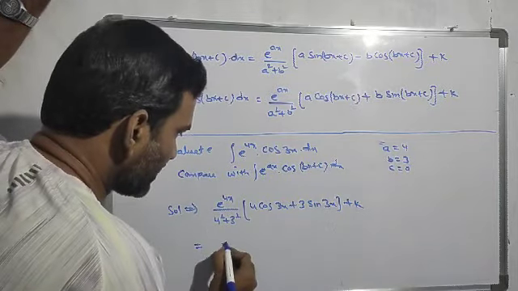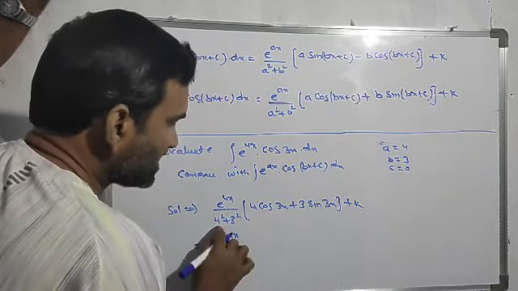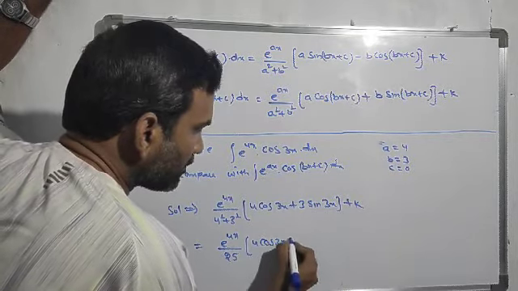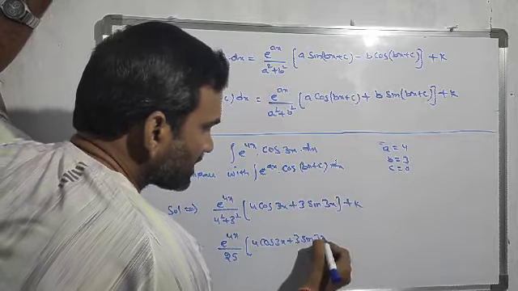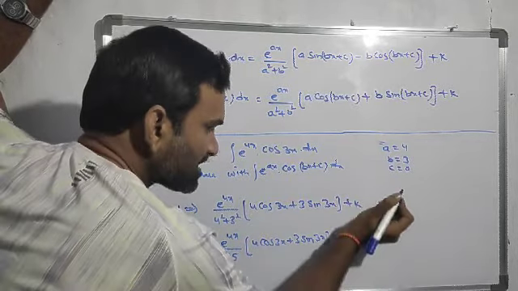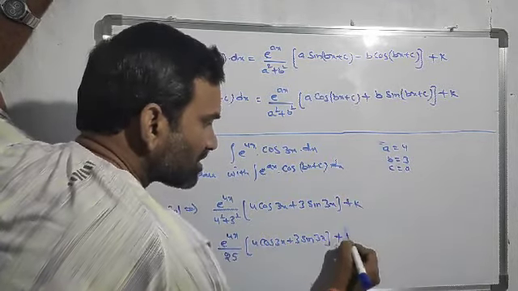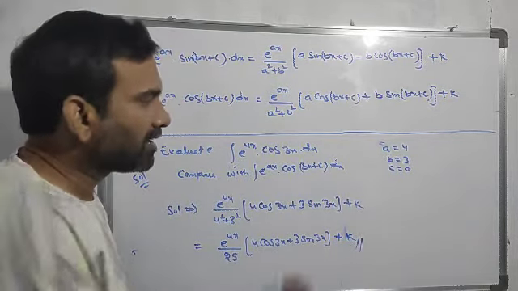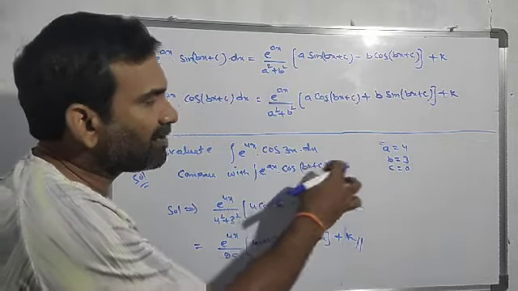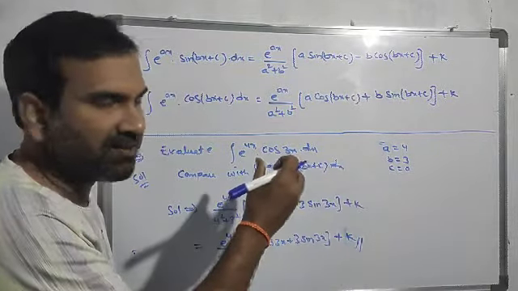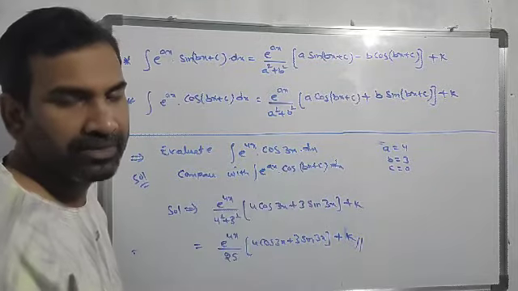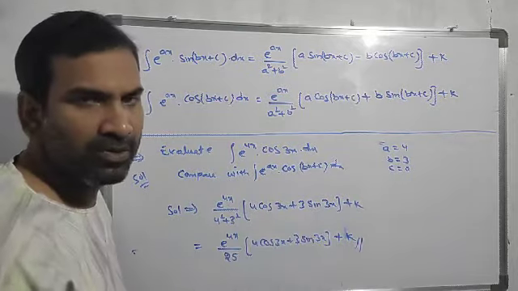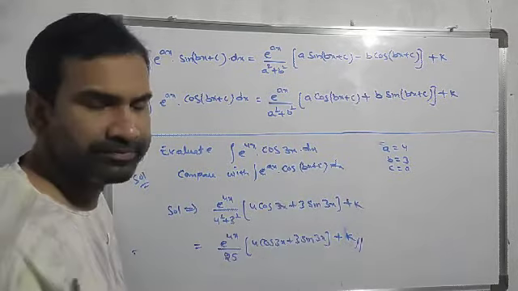So our final answer is e power 4x by 16 plus 9, that is 25, into 4 cos 3x plus 3 sine 3x, plus k or c also, that is your choice. I am taking k. Sometimes if the c value is also there, you just write down the function in place of bx plus c as it is. If c equals 0, you just write the same value, cos of 3x, as given.